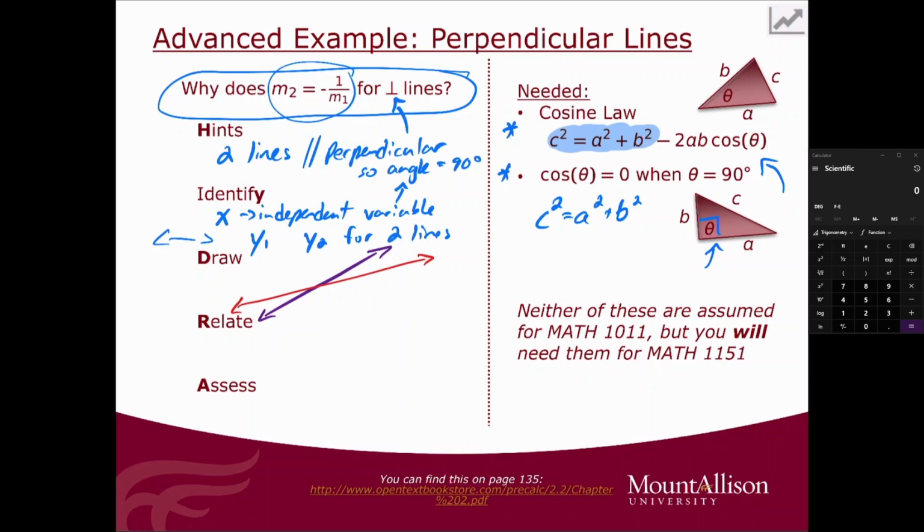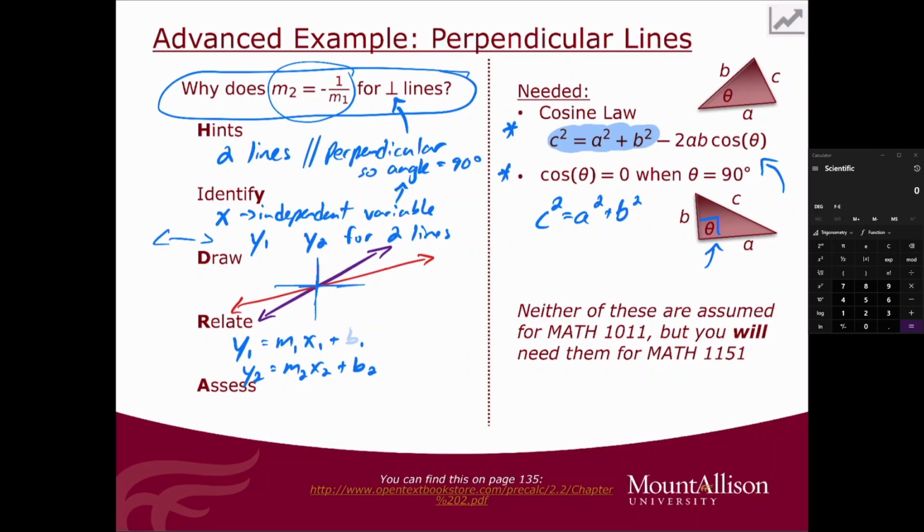Now, the relationships that we have, we end up having that y1 is equal to m1 x1 plus b1, and we have y2 is equal to m2 x2 plus b2. And maybe what we'll do, let's say we're going to start right here where they intersect. That's going to be where I set my origin.